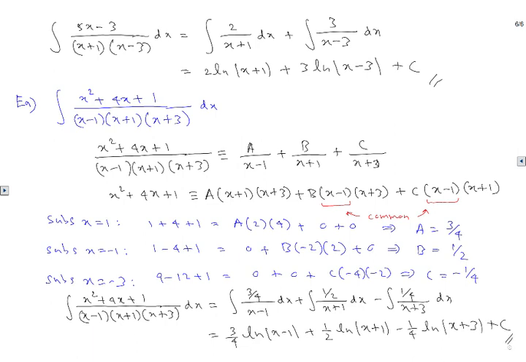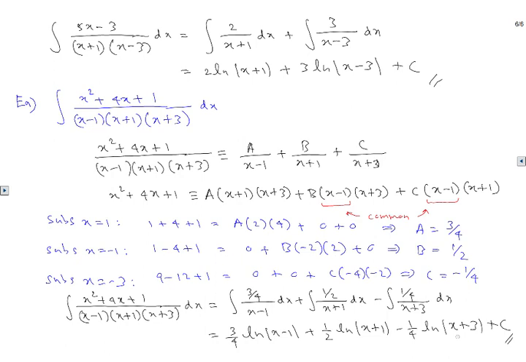Sometimes we can even combine them because 1/2 power is square root, so you can bring the square root power inside. 3/4 you can bring as a power, negative 1/4 you can bring as a power, and because those three terms are added, that means you multiply inside. We can do that sometimes if you get good numbers, integers, positive or negative. Negative means divide, so we combine them, but otherwise we leave it like that.